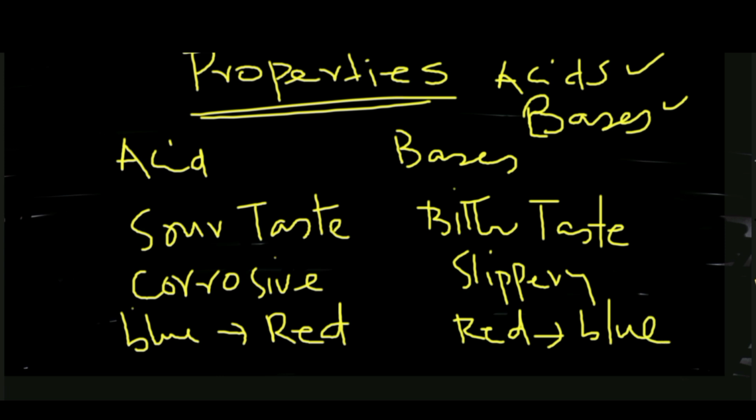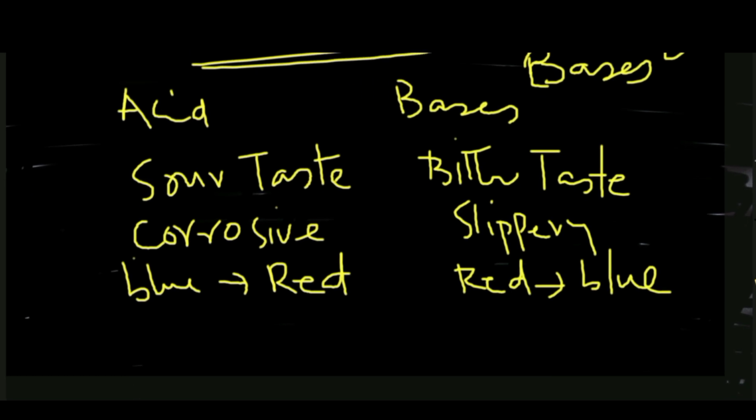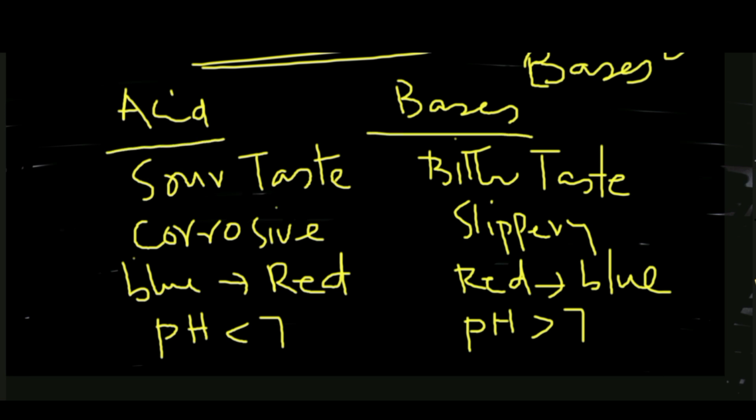Similarly, acids have pH less than 7, while bases have pH greater than 7. So these are the properties of acids and bases which differentiate them from each other.